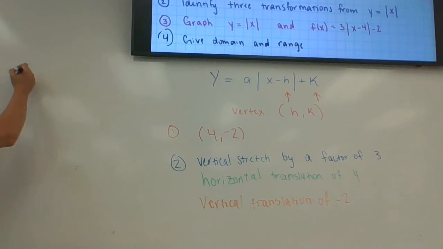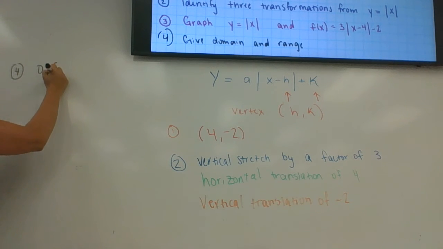Alright, last question. Full review from yesterday and the day before. Domain and range. Brian C., do you know domain? It is, domain is the same for all of these V shapes.